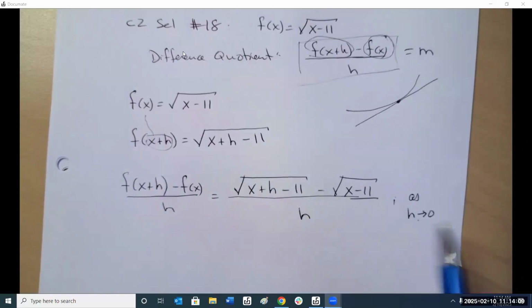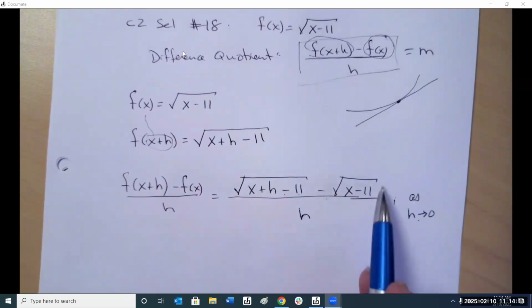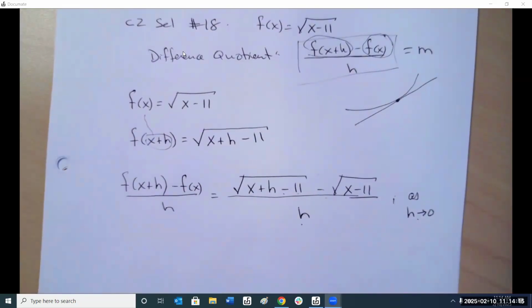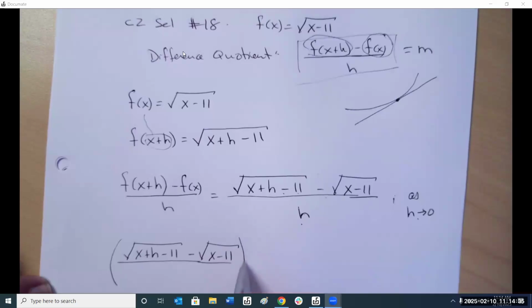So when h goes to 0, we have square root of x minus 11 minus square root of x minus 11, which is 0 over 0. Can't do anything. So what we have to do here first, because there's nothing we can do on the bottom, is multiply by the conjugate of the numerator.